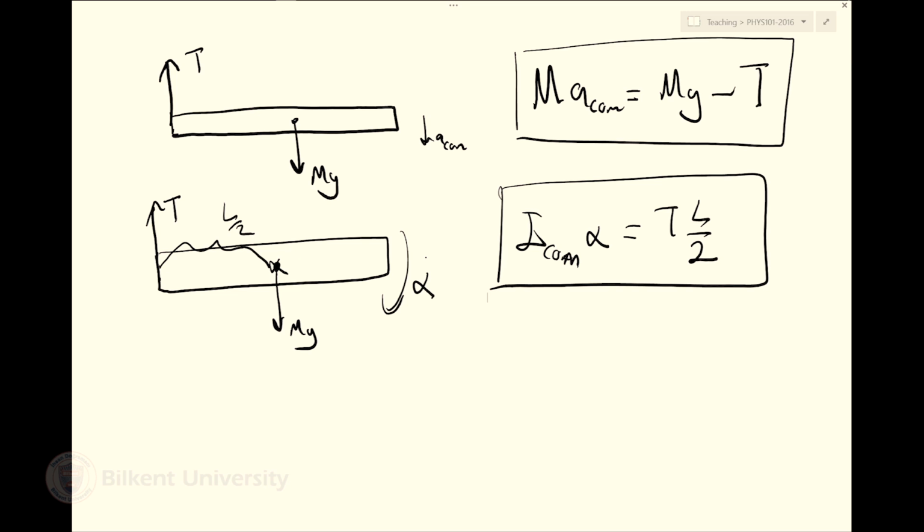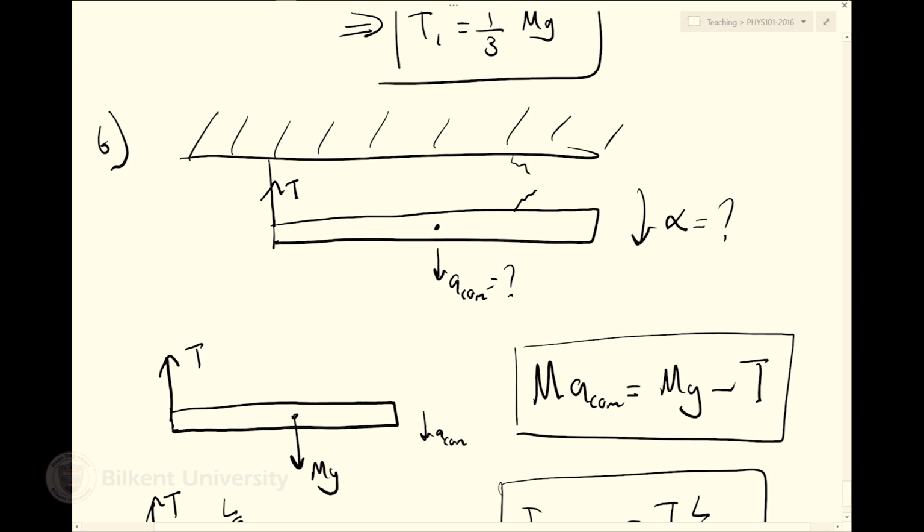What's the physical principle that tells me there must be a relation between A and alpha? Which part of this rod does not move? Obviously the point at the edge is tied to the ceiling, right?